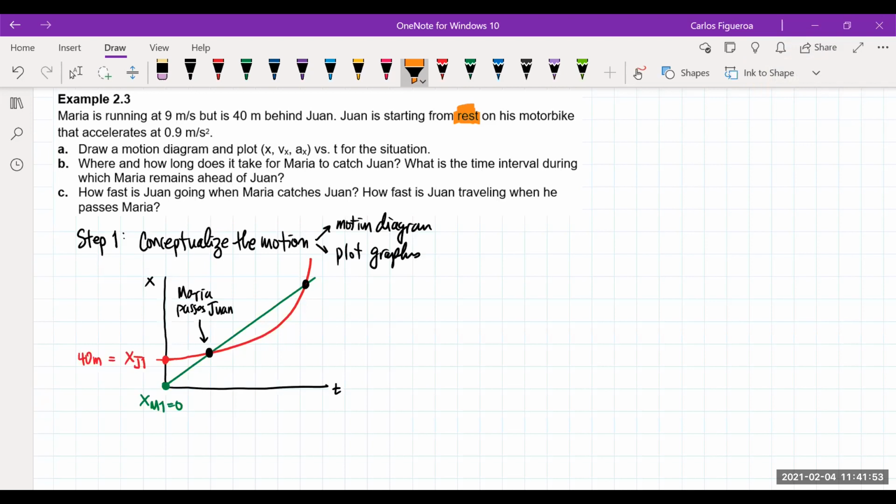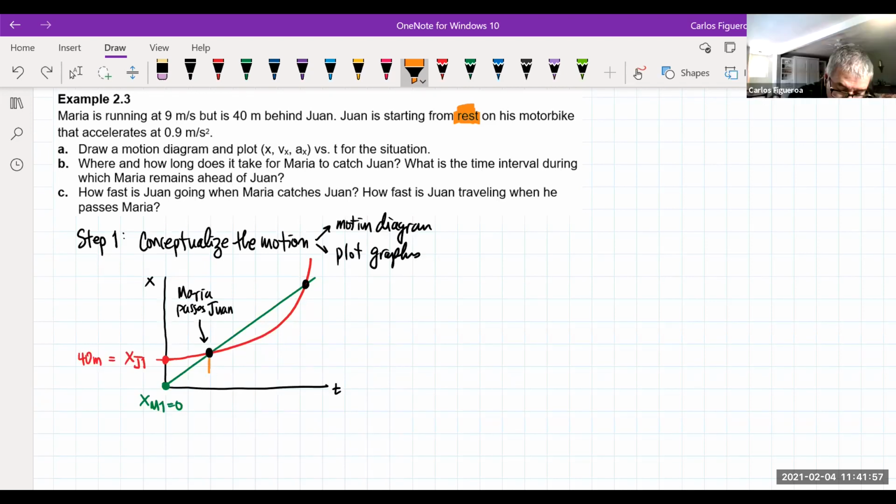And so what happens then, you could see that we have 2 times. So I'm going to have an interval, T1, and then there's going to be an interval, T2.